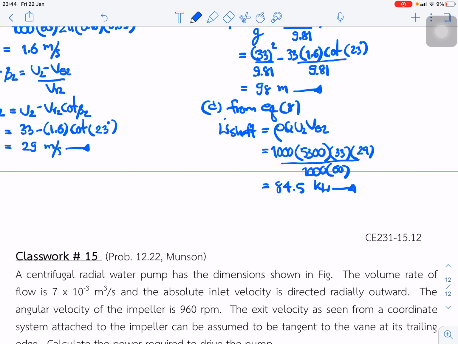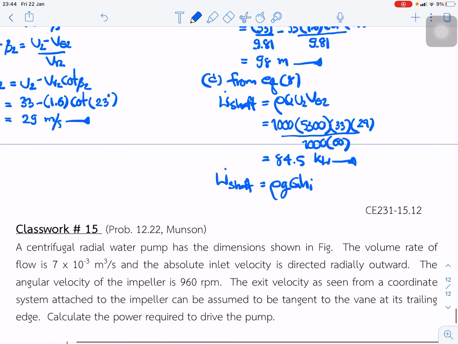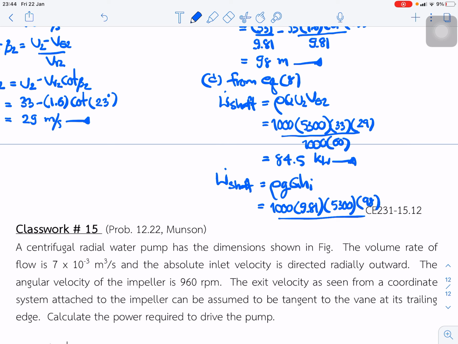And we can find it with another method: W is rho g Q H, which is a little bit higher, 84.9 kilowatts.